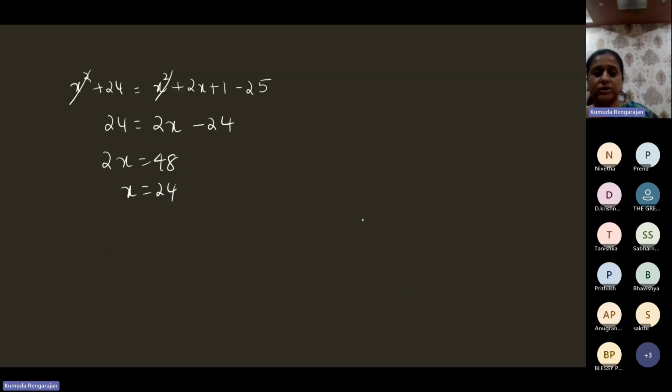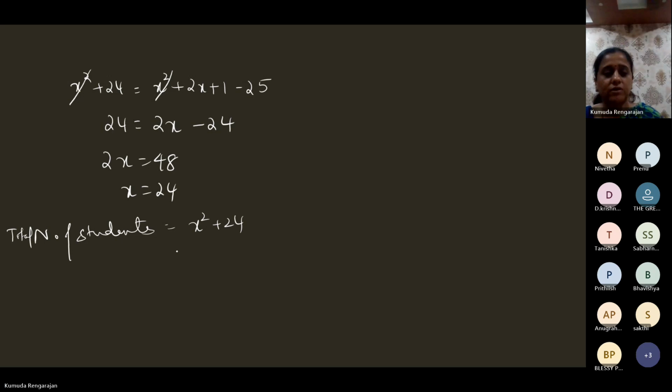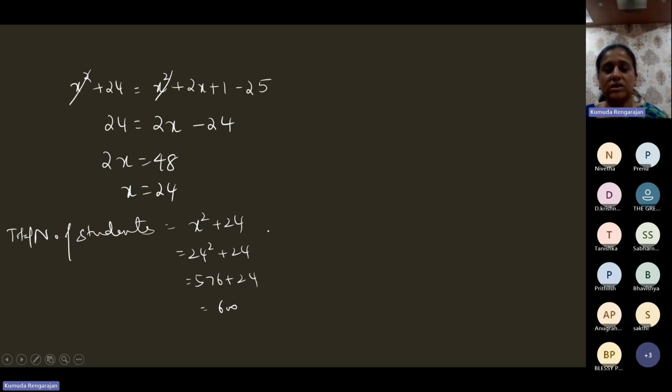So total number of students is equal to x squared plus 24, which is 24 squared plus 24, 576 plus 24, 600. So there are 600 students in the class.